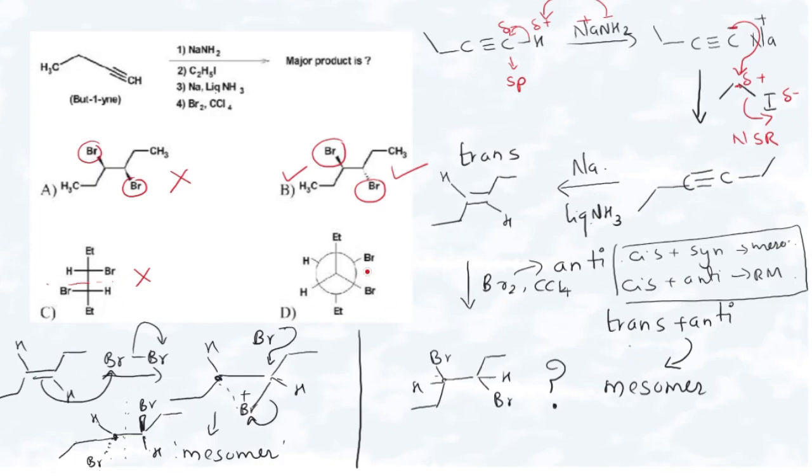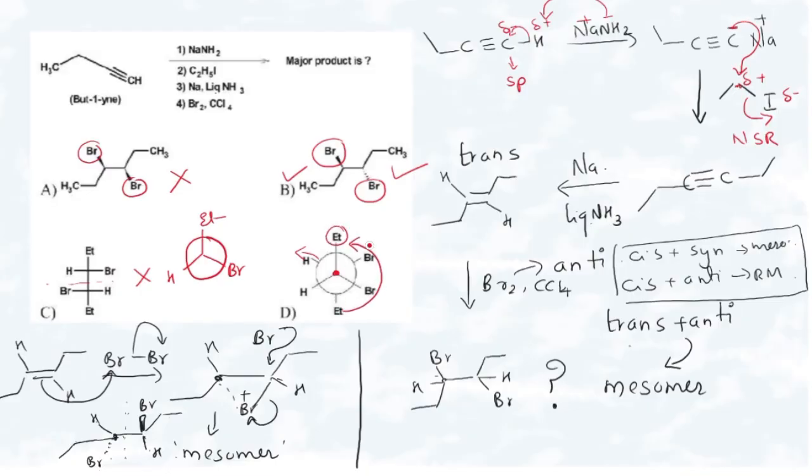Now, when we have a Newman projection, how to convert this to the Fischer projection to know whether it is meso or not? It's very easy. What you do is you fix the position of the groups on the front carbon. This is the front carbon. So you fix the position of all the groups like ethyl, bromine, and the hydrogen. And then you take this behind this ethyl.